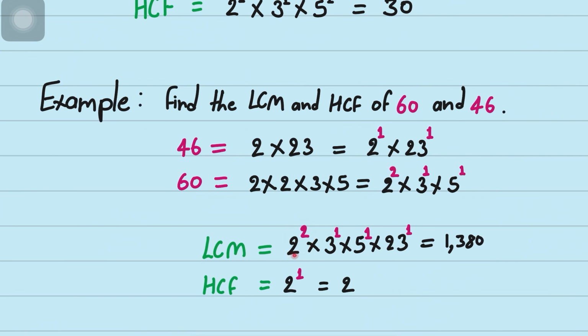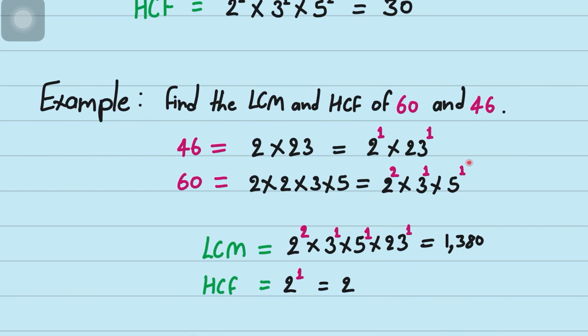And then 3 as well. 3 is not in 46, but it is in 60. So we take 3, and the highest power is 1, so 3 to the power 1. The next number is 5. We take 5 because it doesn't exist in 46, so we take 5 to the power 1.